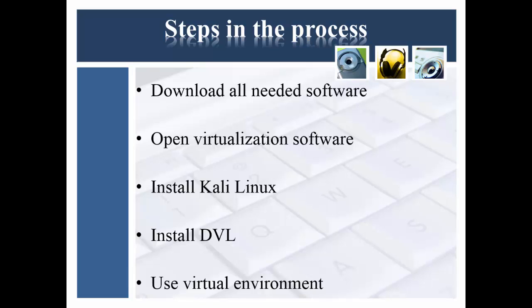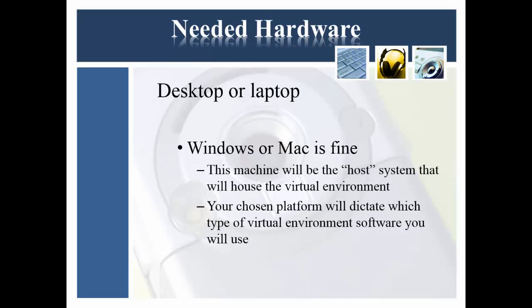It's a distribution of Linux that's designed to help IT students learn about the vulnerabilities within an operating system. And then, of course, you can begin using the virtual environment.